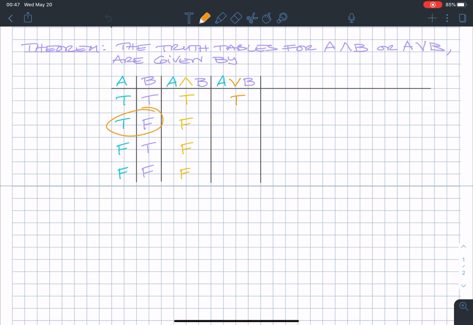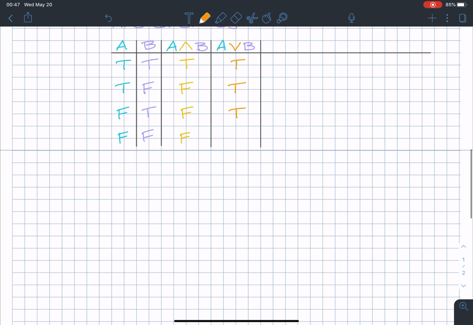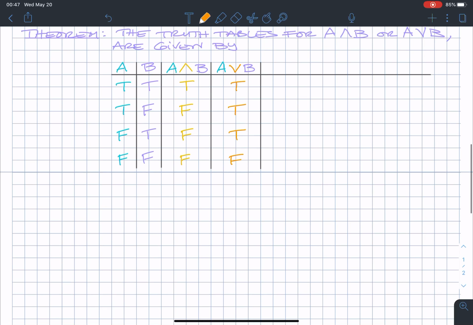Second guy, true or false. At least one of them is true, so that's true. Third guy, false or true. One of them is true. The only time the or is false is when we don't have an option to have either being true.